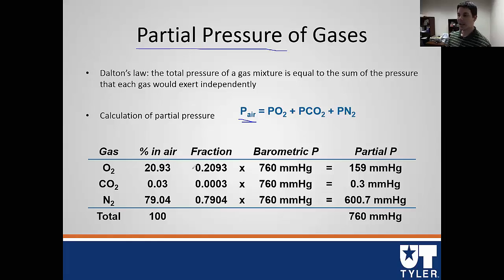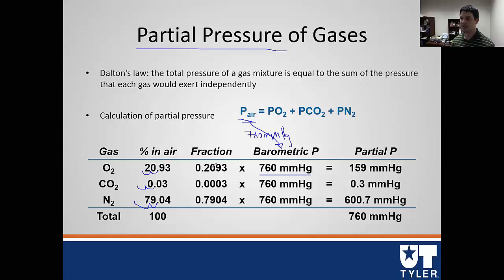If we convert that to a fraction, essentially we just move the decimal place two places, we can then multiply that by barometric pressure. This is the average pressure in air, 760 millimeters of mercury.